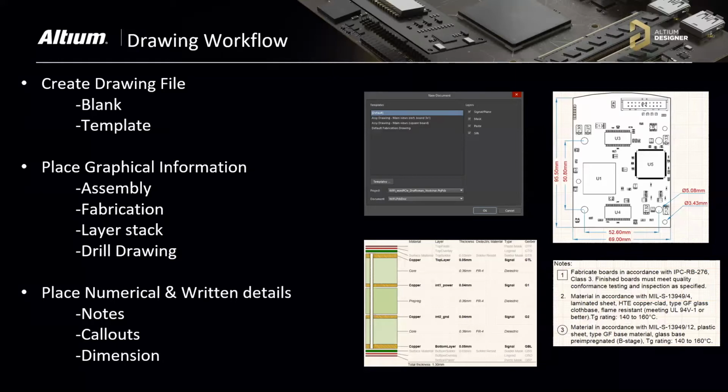In the fabrication drawings, I'm going to place some layer stack and drill drawings. We're also going to show how to add notes, callouts, dimensions, and how you can have the different side views.